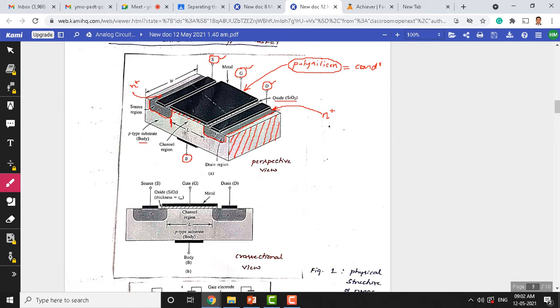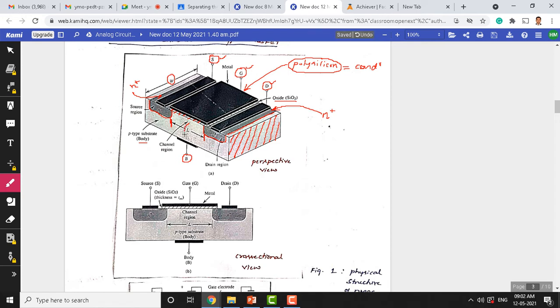From here till here we denote that with the capital L. So that is called the channel region, because here the charge carriers keep flowing when we apply suitable potential to the gate here. So this length of this channel region is denoted as capital L. And the width of the channel you can see here, this is W. So this L and W play a very important role in the MOSFET design.